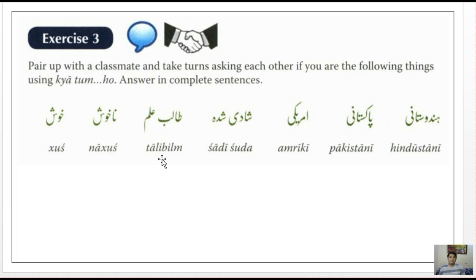Okay, now the third exercise is, you can do this with your peers or with someone present next to you. Using these words, you need to make sentences or ask someone else whether he is or he is not. I can do three for you, and the remaining three you can do for me.